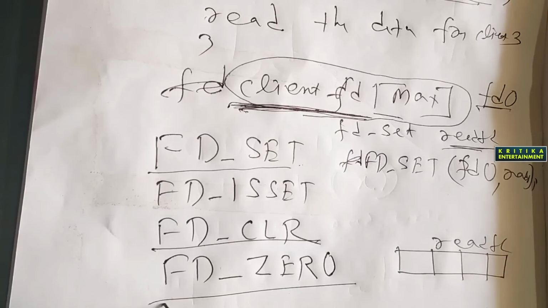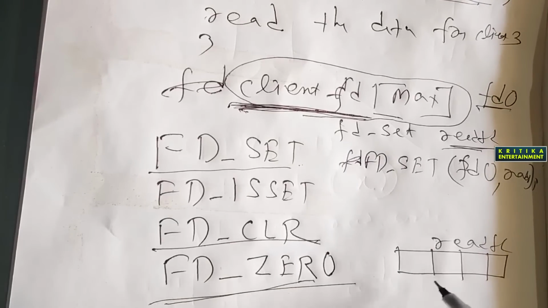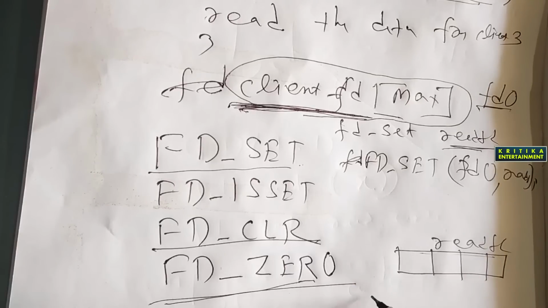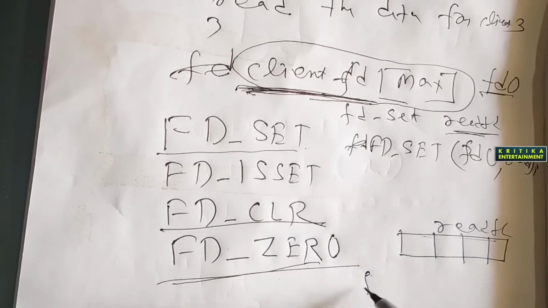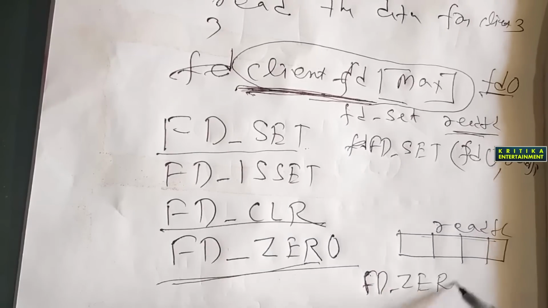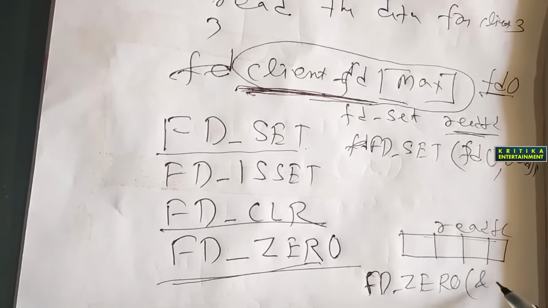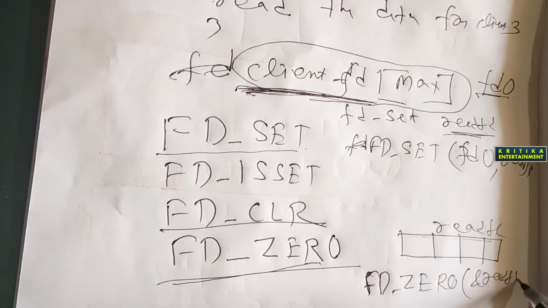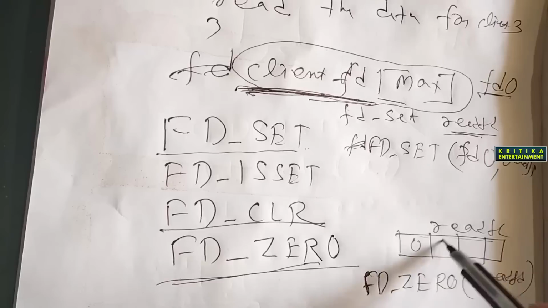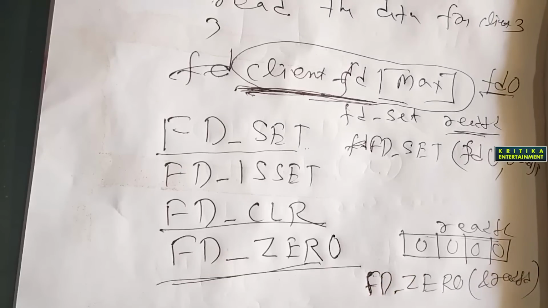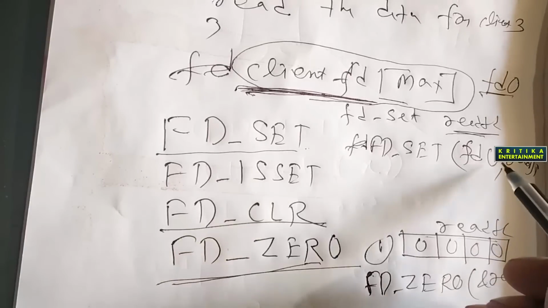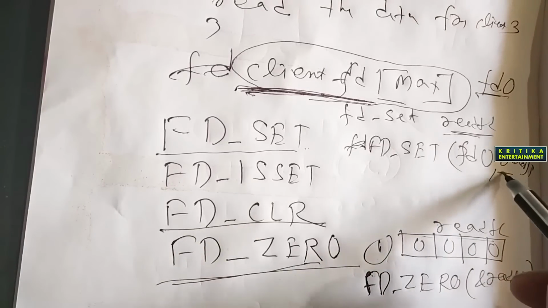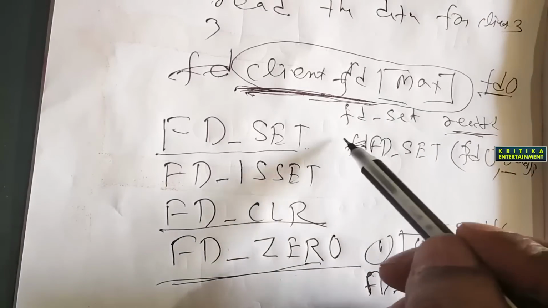So when you declare this, I should immediately write which function? FD_ZERO. Then ampersand read FD, so that all these bits will be 0. Initially, that is the first point. Second, whichever FD you want to add to this read FD, use FD_SET.